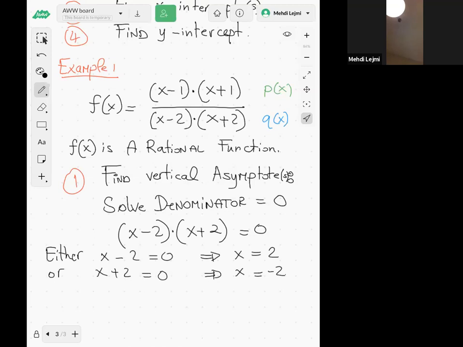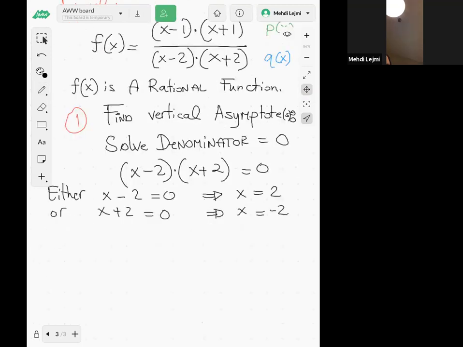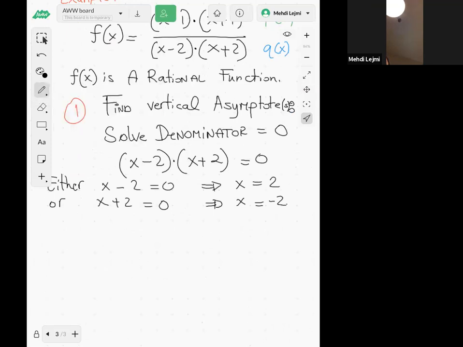So I have two vertical asymptotes. As you can see, it's quite simple. So the answer here: VA, of course, stands for vertical asymptote. So the vertical asymptotes are x equal to 2 and x equal to negative 2. All right, so that's just the answer.